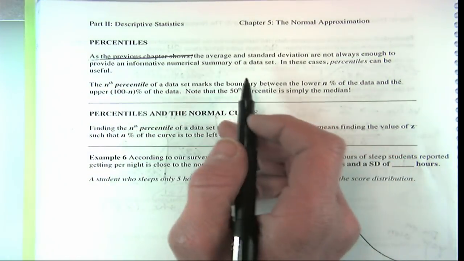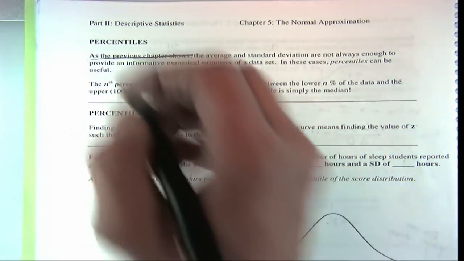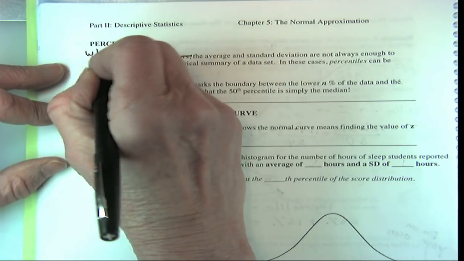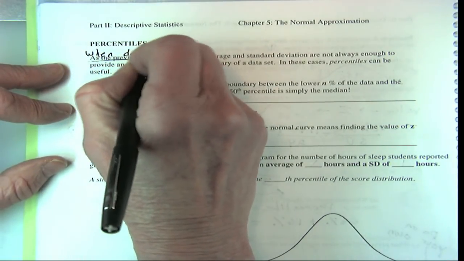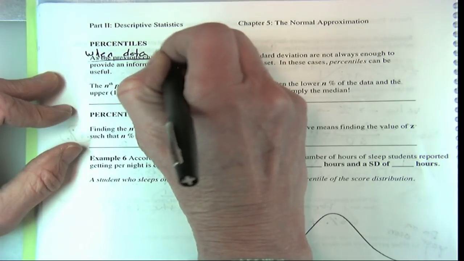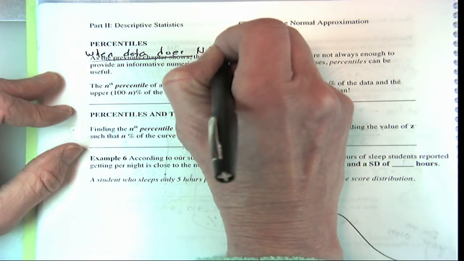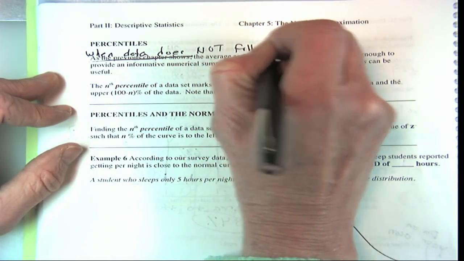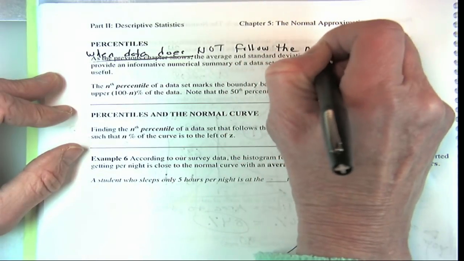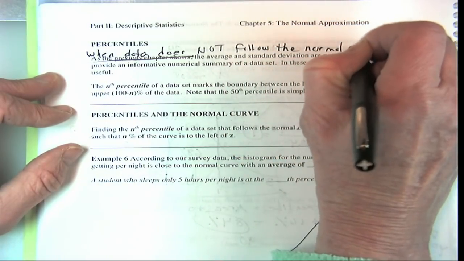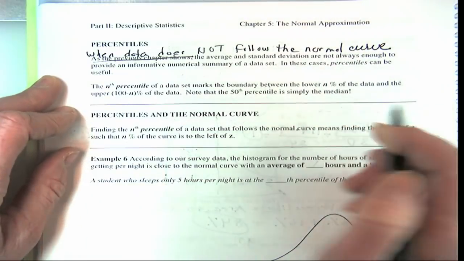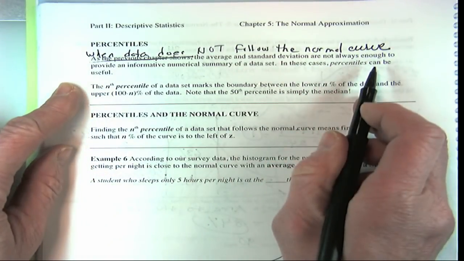So let me just say this. When data does not follow the normal curve, the average and the standard deviation aren't enough.